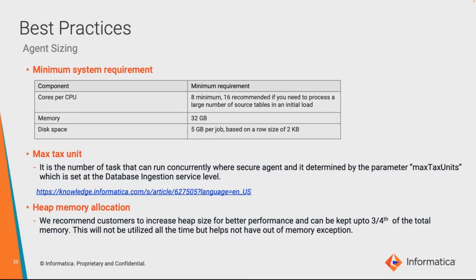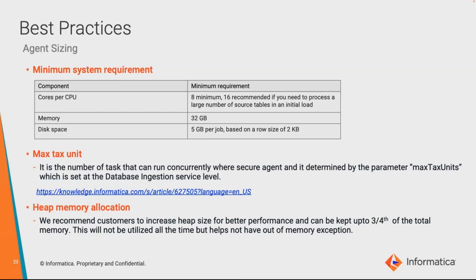And the typical memory size that is being suggested is 32 GB. The more they are able to add in terms of the size of the infrastructure, the better the performance would be, but definitely something to consider while they are starting off with the database mass ingestion.